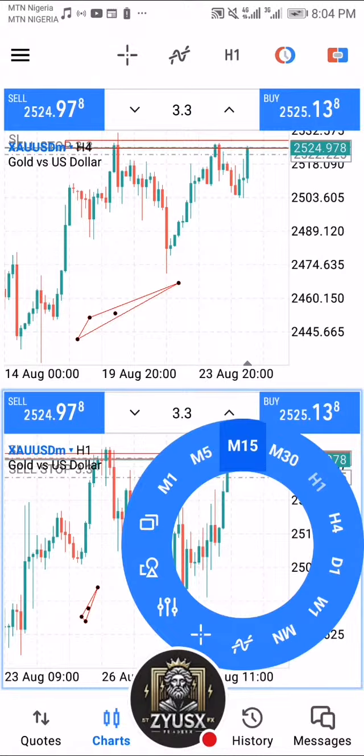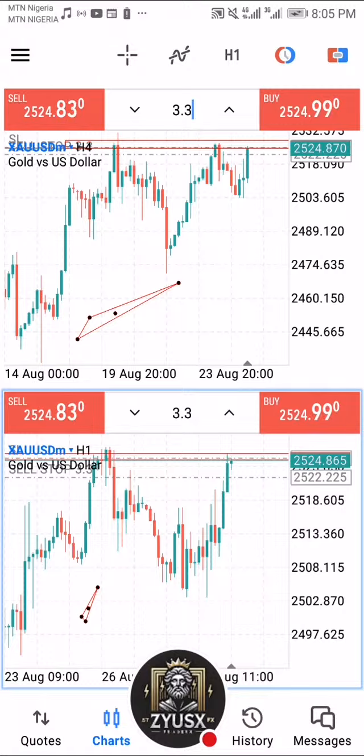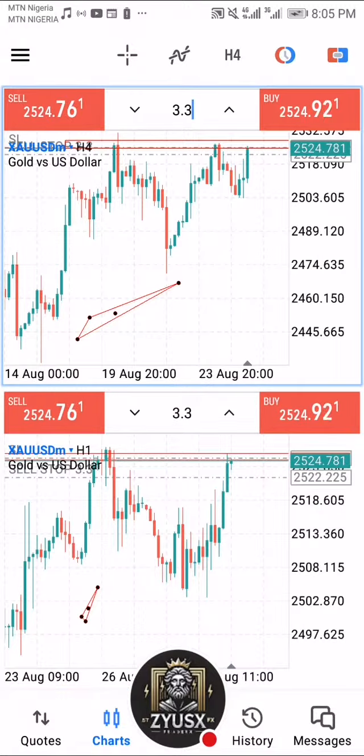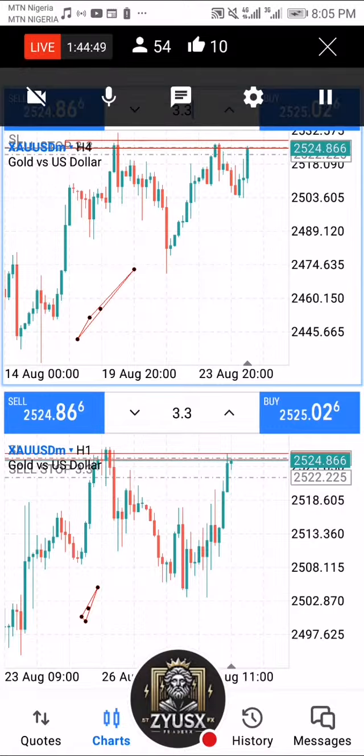I don't know if you are in a sell already or if you are taking a trade, but this is how I will approach this. As I told you guys, this is how you need to be taking your trades. Don't be the first to take a trade at key levels. Don't be the first. So that's it.